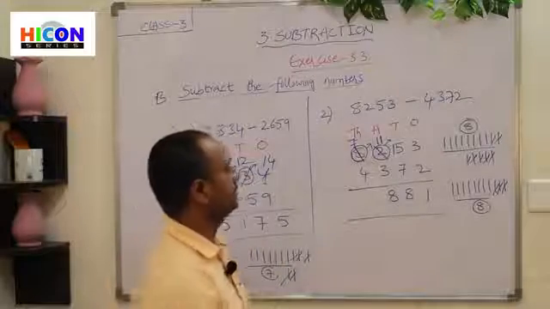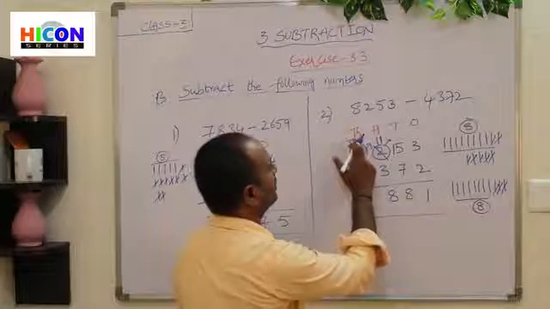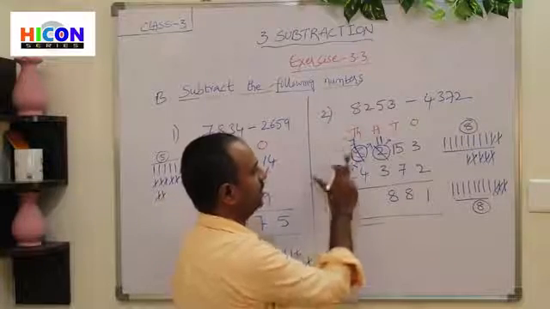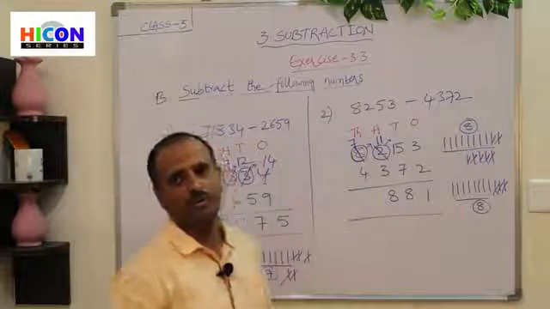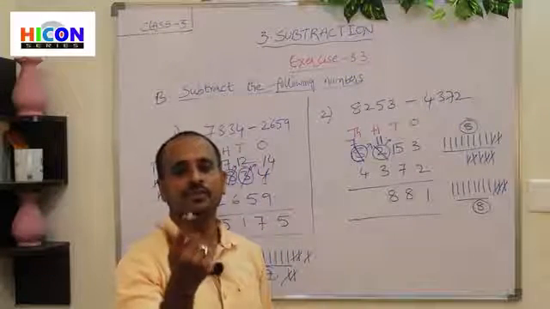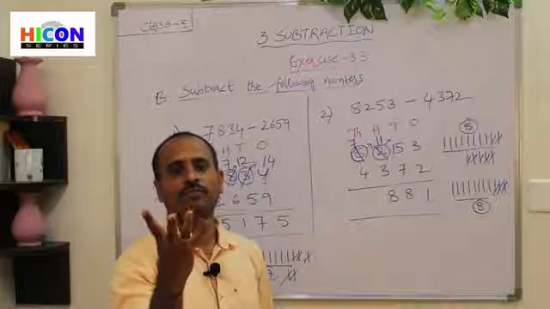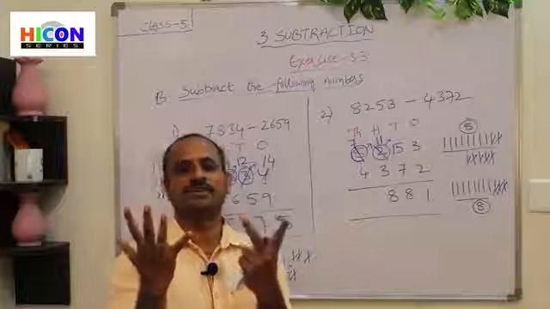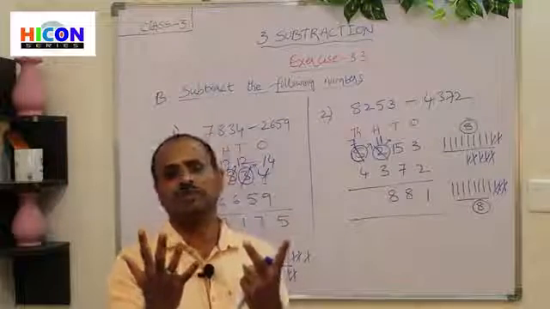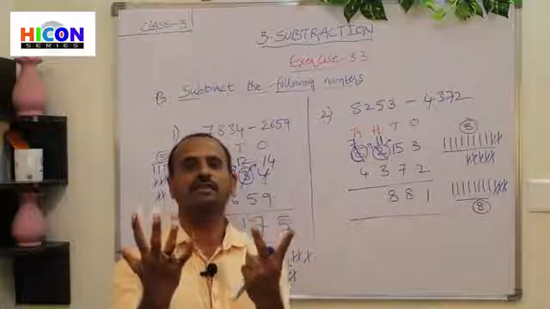Now go to thousands place. Children, what are the digits present in thousands place? There is 7 and 4. The first number is 7 and the second number is 4. So open 7 fingers of your hand. 1, 2, 3, 4, 5, 6, 7. These are the 7 fingers. And what is the second number in thousands place? 4. So close 4 fingers among these 7 fingers.